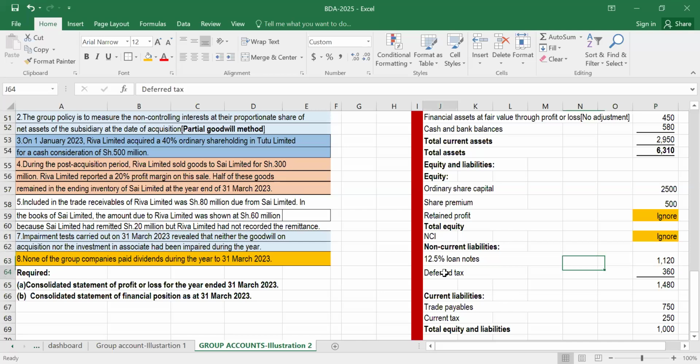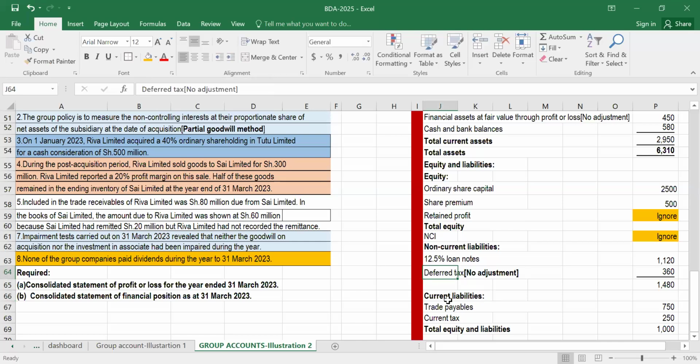No. So deferred tax: anytime you come across a question for group accounts and you're given a component of tax in the balance sheet or in the statement of financial position, this equally does not have any adjustment. No single time will this item have an adjustment. So therefore, these are free marks. This is also basically a free mark.